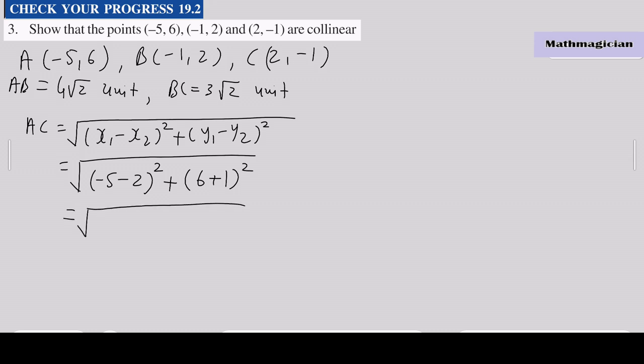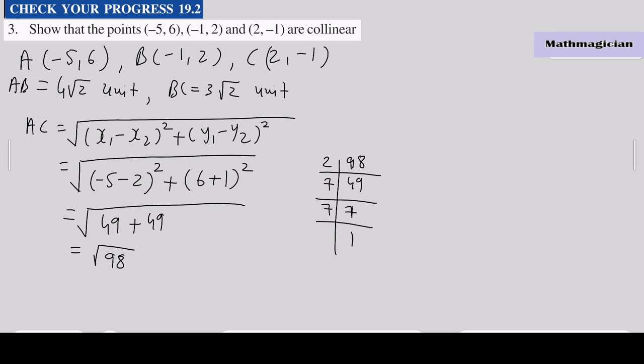Minus 5 minus 2 gives minus 7, minus 7 square is 49. 6 plus 1, 7 square is again 49. 49 plus 49 is under root 98. Let's prime factorize this. So that is 7 will be out of that. So that gives 7 root 2.